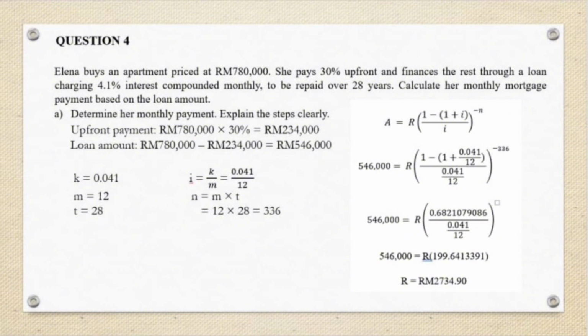So 546,000 equals R times 199.6413391. To find R, divide 546,000 by 199.6413391, and the answer will be 2,734 ringgit 90 cents. And that is Alina's monthly payment.